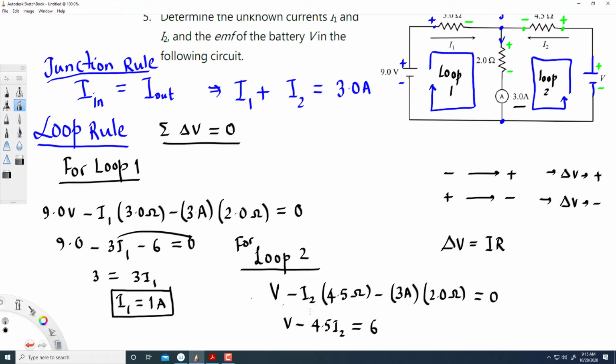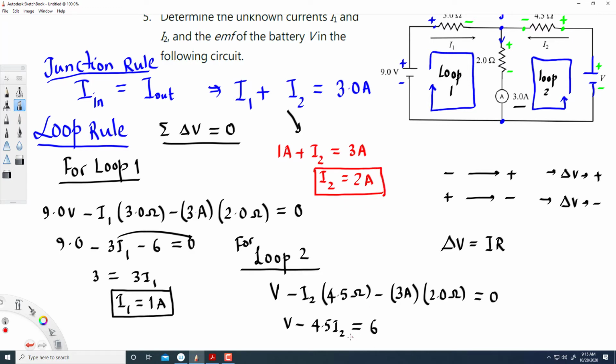We have 3 equations. We already found I1. Now we can use this one to find I2. Substitute I1: 1 ampere plus I2 is equal to 3 amperes, so I2 is 3 minus 1, which is 2 amperes. We found I2 also.